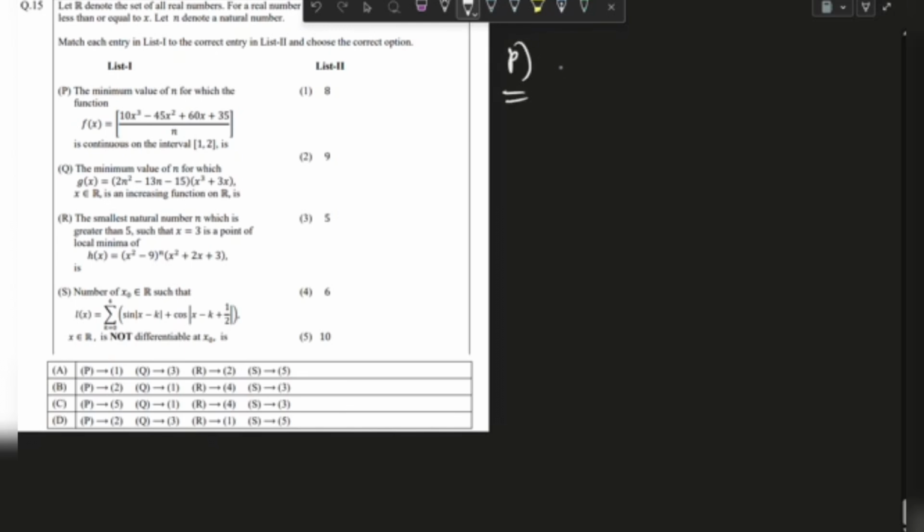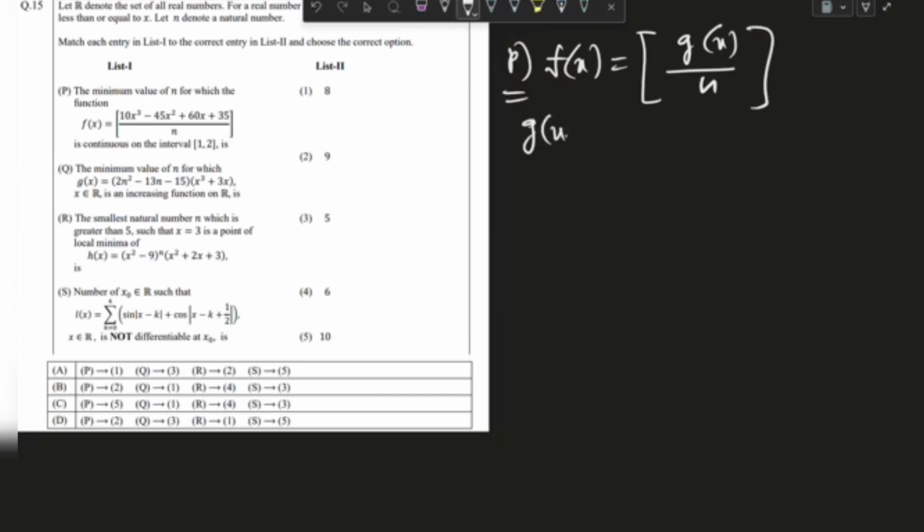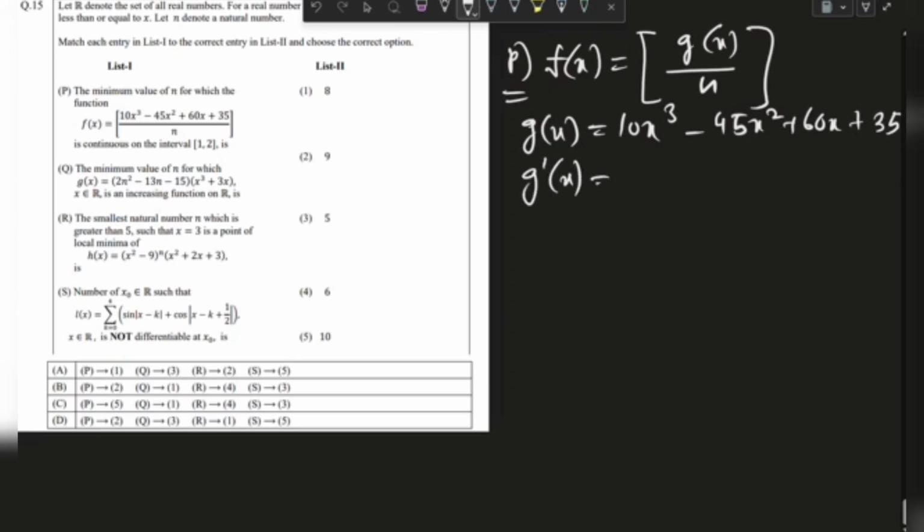Now, in P, if we notice, this is actually some f of x, which is given as, I will take this inside function as g of x, because g of x is basically 10x cube minus 45x square plus 60x plus 35. So basically I will just differentiate this to find out the critical points.